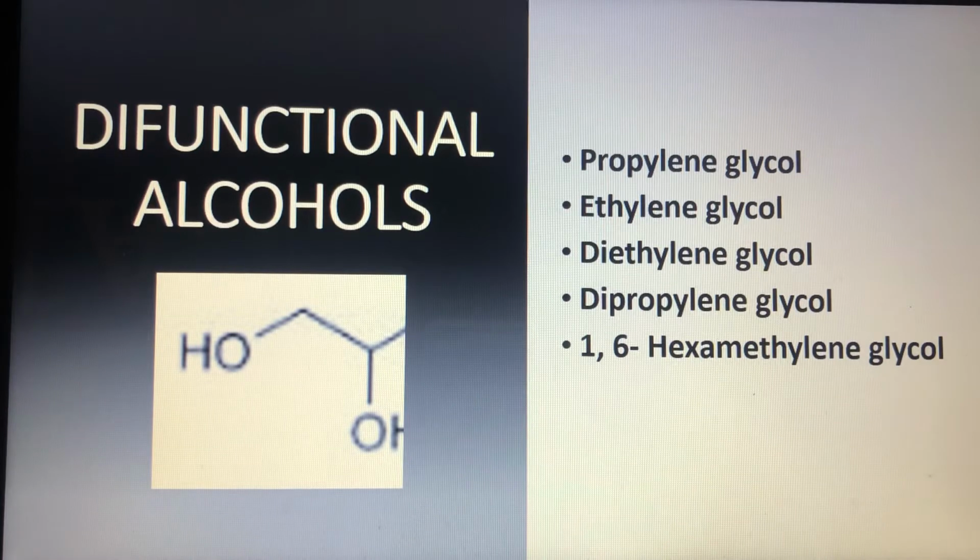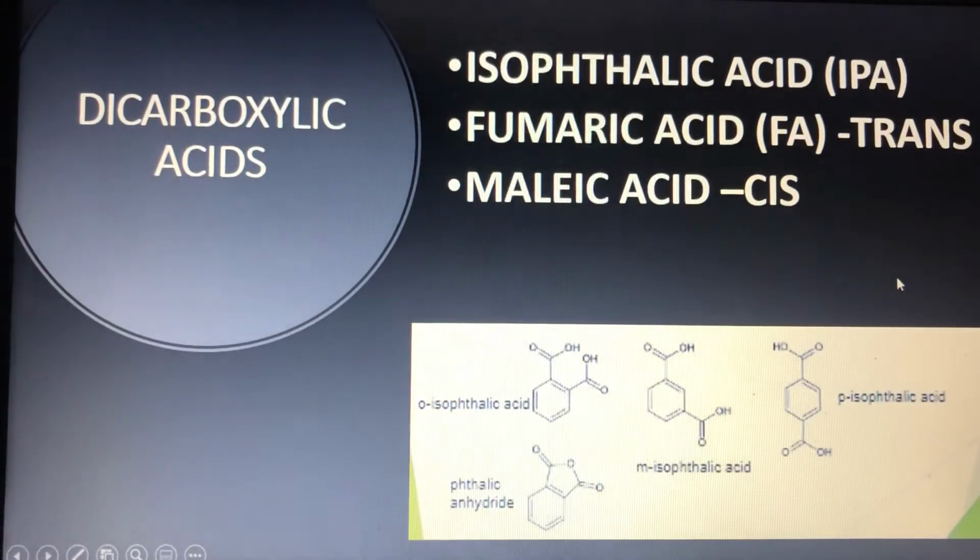It is made up of 3 parts: difunctional alcohols. The main difunctional alcohol used for this chemical is propylene glycol, but also used are ethylene glycol, diethylene glycol, dipropylene glycol, and 1,6-hexamethylene glycol. The next part is dicarboxylic acids, and the main one is isophthalic acid, IPA, and then fumaric acid, FA, in the trans form, and then maleic acid in the cis form.